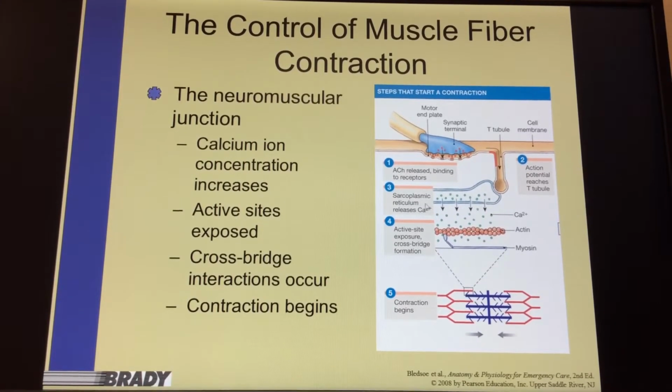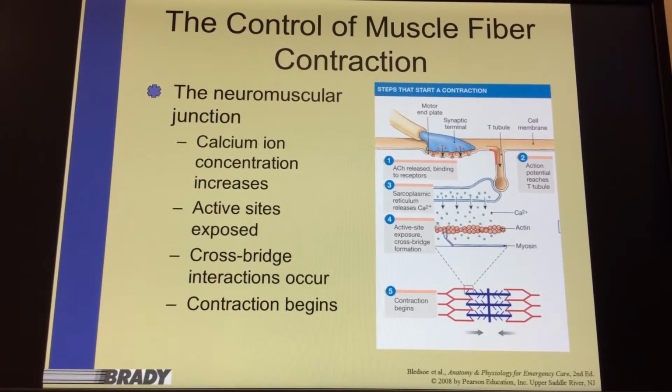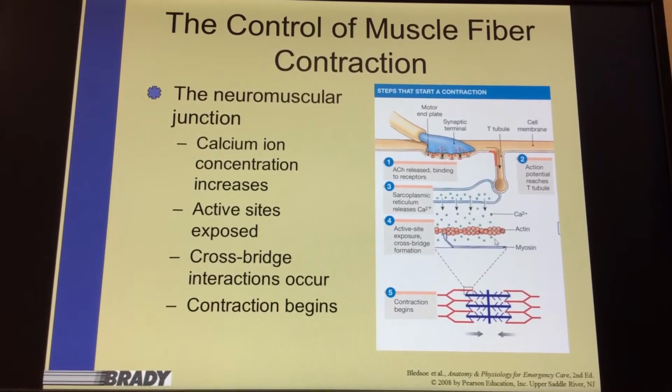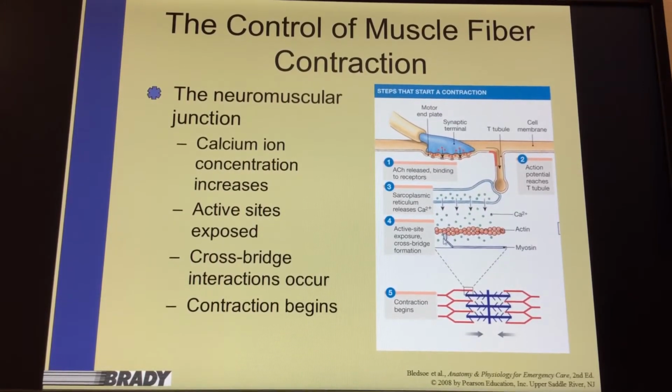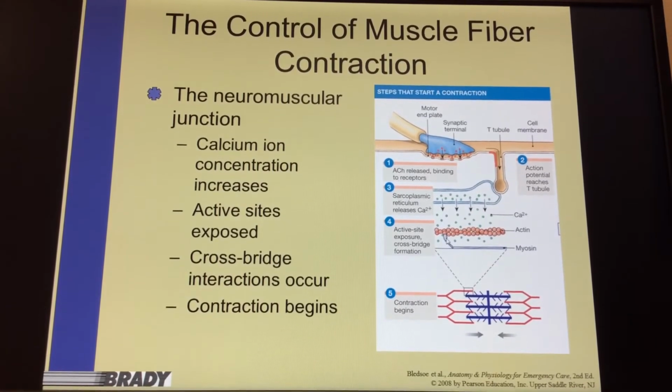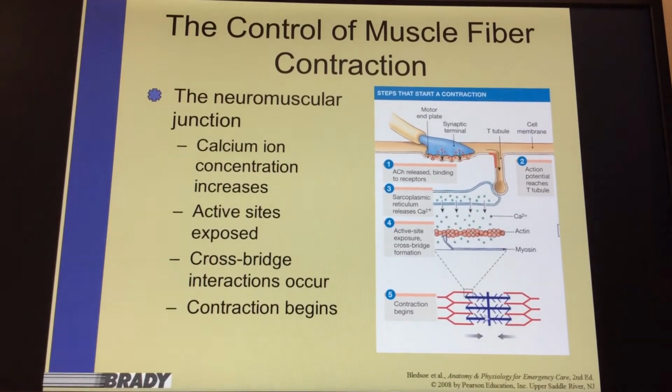Once it hits the sarcoplasmic reticulum, that releases calcium into the myofibril. Calcium attaches to this troponin, causes the troponin to shift and twist and allow access to the actin. Once the actin is exposed, the myosin head attaches, and with the use of energy, causes contraction.